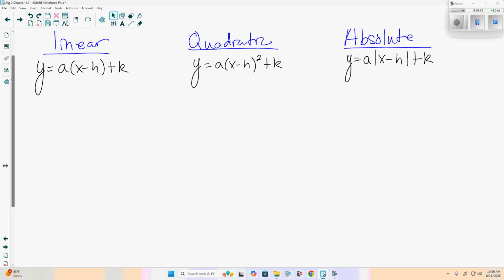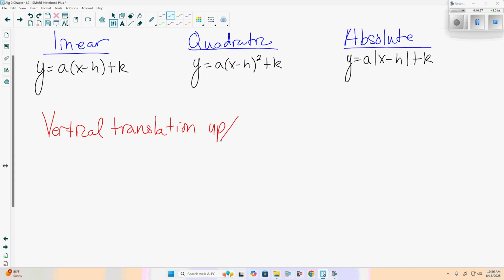Now for us here, our vertical translation, up or down, is our k. k, vertical translation up or down. Whatever goes in place of k tells us how far we're moving it up or down.